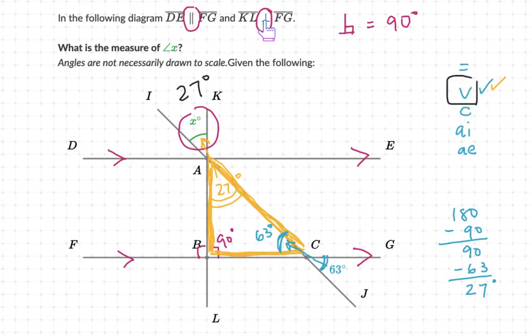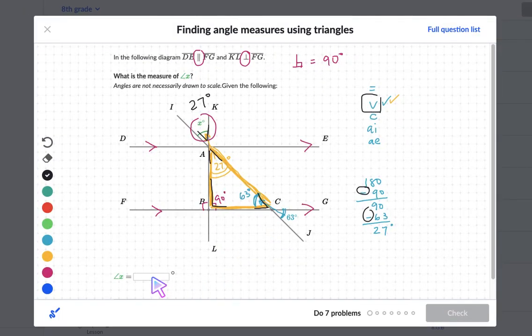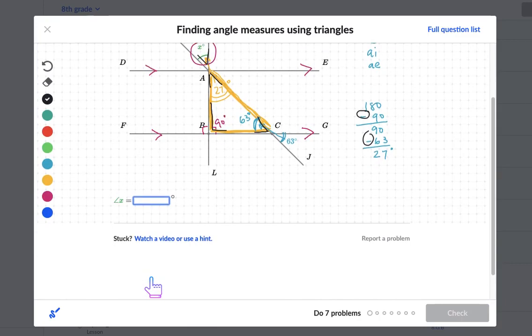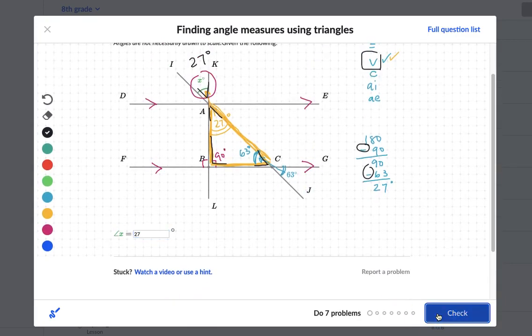We used the information from the directions to find out that was 90. Then we used this pair of vertical angles to find out this was 63. We subtracted to figure out this angle of 27. And then we found out these two were vertical as well. So it was a bunch of vertical angles made from our transversal and parallel lines. That gives us the answer of 27 degrees.